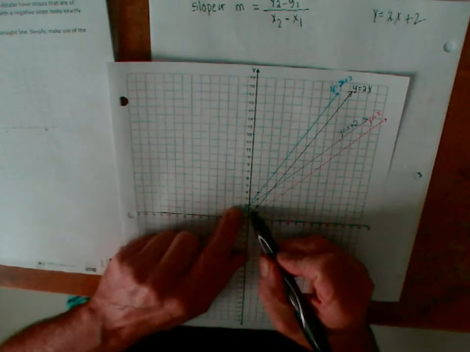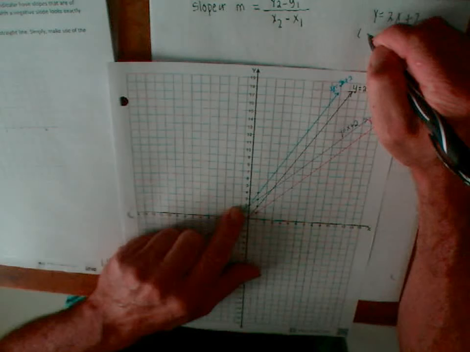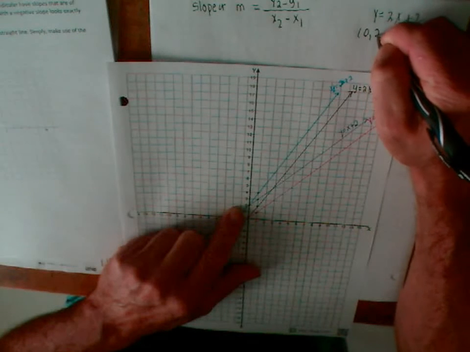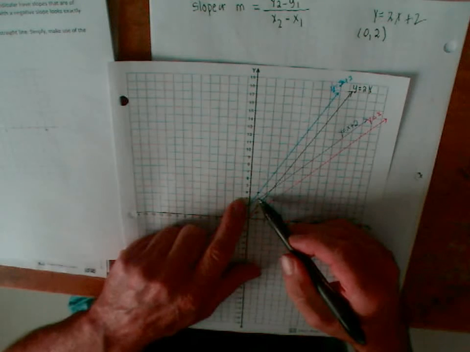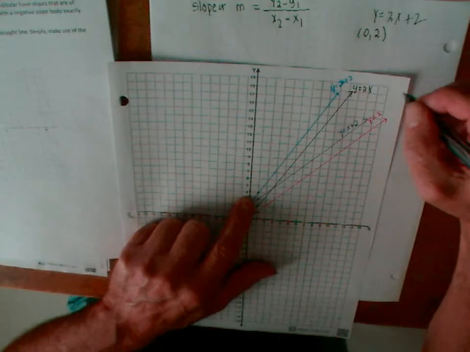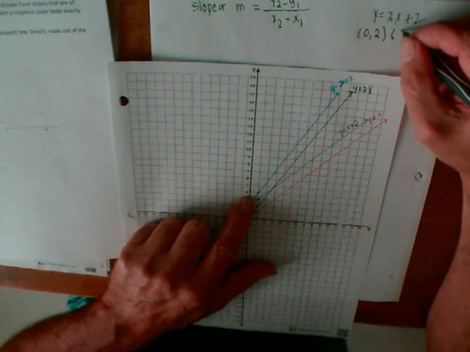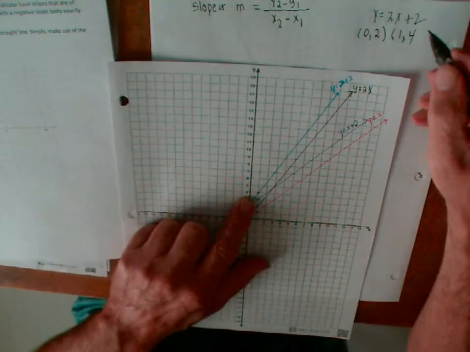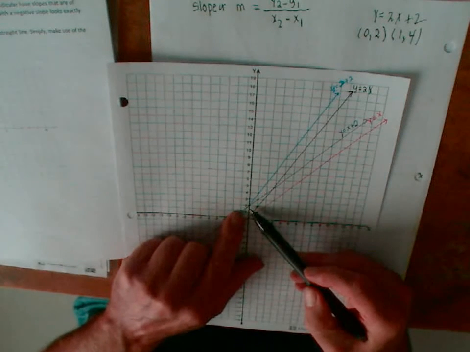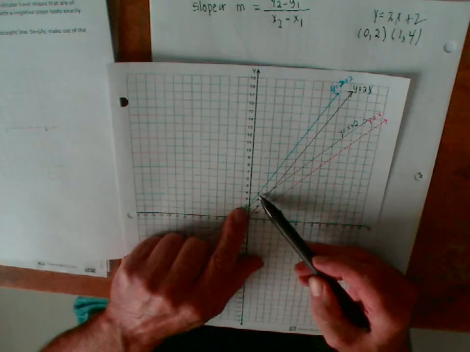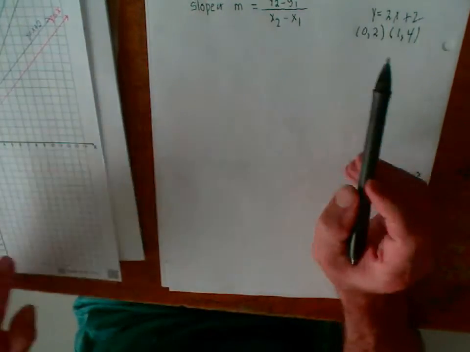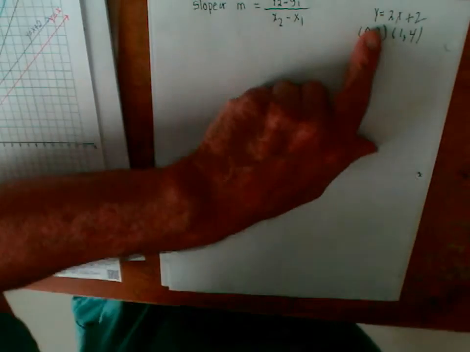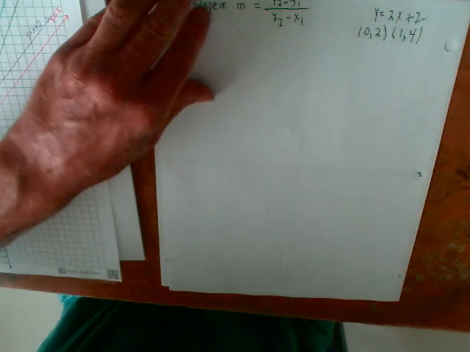I'm going to pick this point here, 0, 2, and another point on that line would be 1, 4. Do you see how I'm picking 2 points? We can use this formula to calculate the slope of this line, and the y-intercept, by the way.